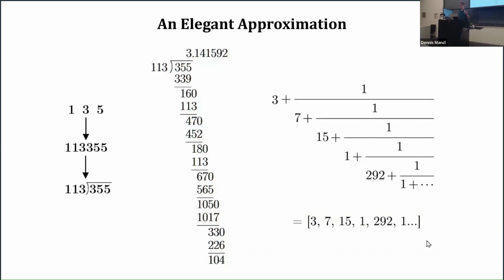And there's a, like I say, fairly deep theorem in mathematics that as you go along and you get to a term that's relatively large, like this 292, if you throw away that large term and all the ones after it and just calculate this fraction with the 3, 7, 15, and 1, you will get a surprisingly good approximation for the real number that you want from a small number of digits.